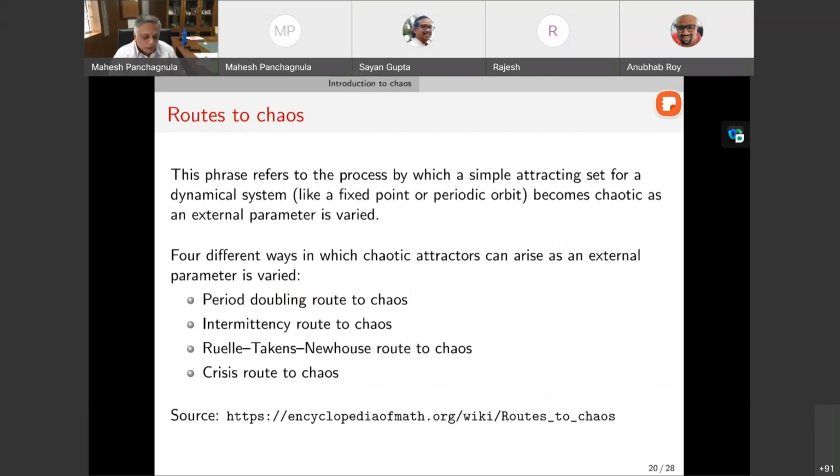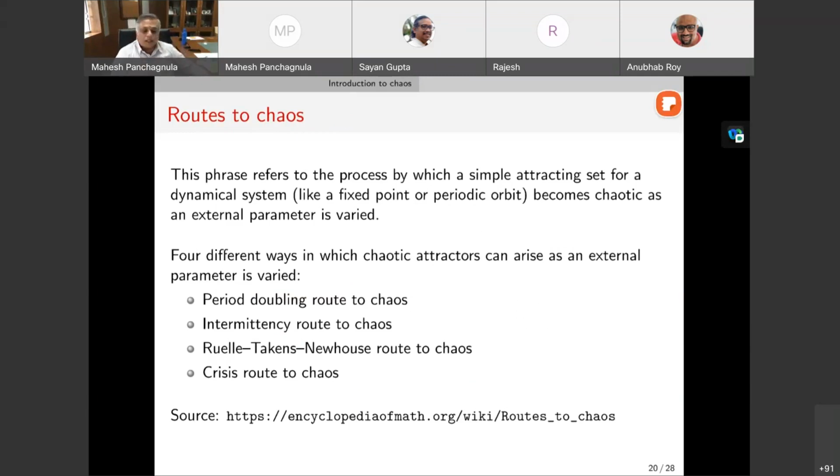Okay. So that brings us to a very simple discussion of what are the different ways by which I know when the system is becoming chaotic. And I'm not going to dwell deep into these 4 routes that are now well discussed in the literature. One is called the period doubling route, which we just saw in the case of a logistic map.